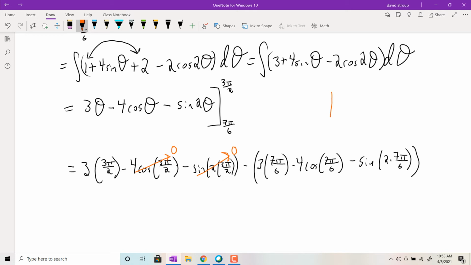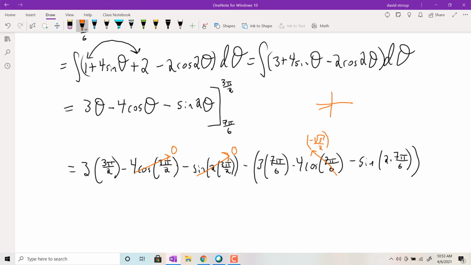Cosine of 7 pi over 6, that's going to give you a root 3 over 2, depending on the reference angle, or depending on the quadrant. So 7 pi over 6 is right here. Cosine is negative there. So this little half will be negative root 3 over 2. And then you still have the negative 4 you have to multiply by.